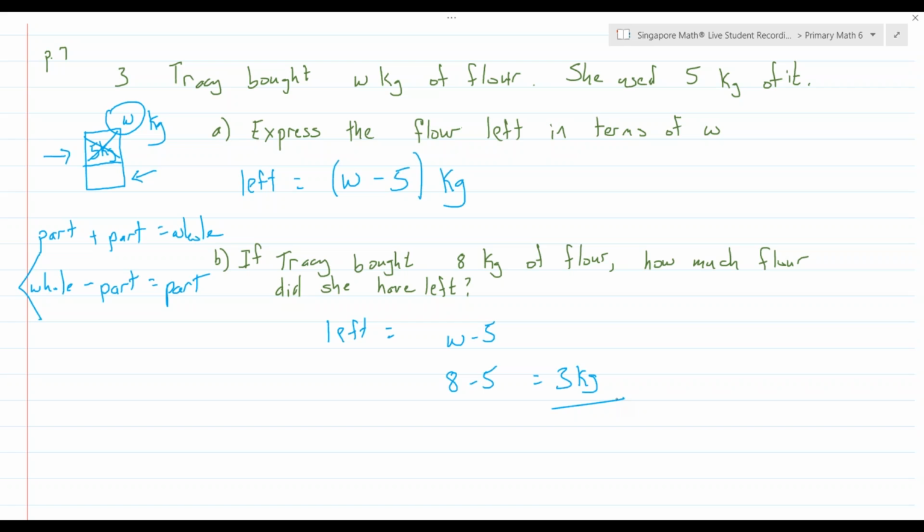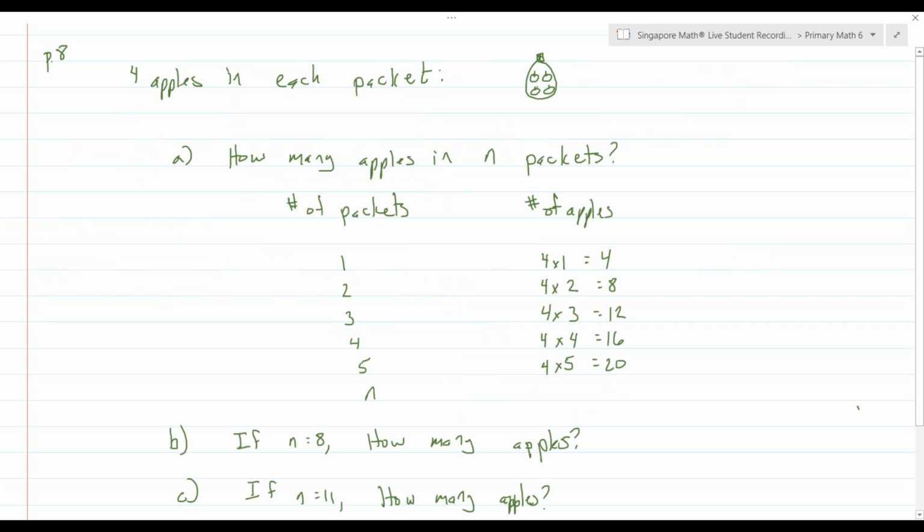And yes, you could have just said she bought 8, she used 5, that means 3, but I went ahead and wrote it using the idea of the variable to show you that if I know what W stands for, it stands for the number 8, then I can just use the W minus 5 expression and put in the 8 and find out how much flour Tracy has left.